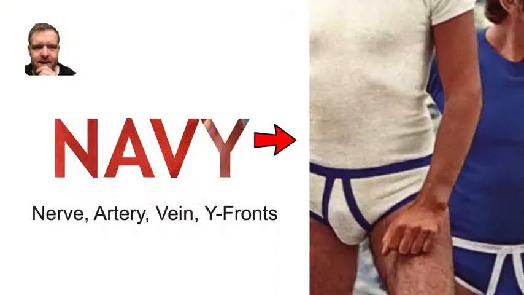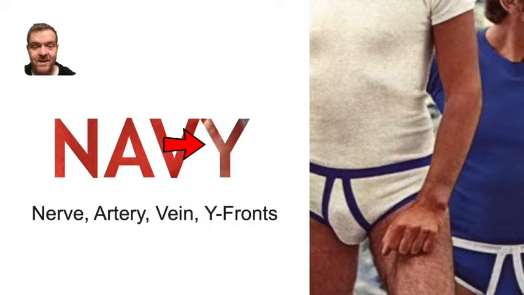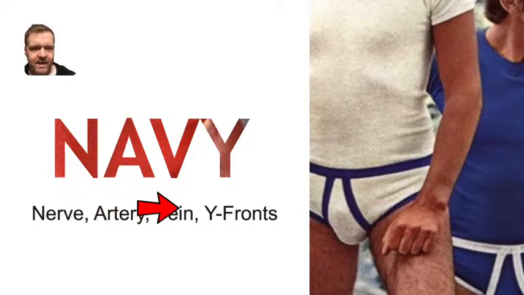And the way to remember it is by navy. You've got your nerve, then your artery, then your vein, and then obviously in the 70s, well, maybe they're making a comeback, you never know, then you've got your Y fronts.